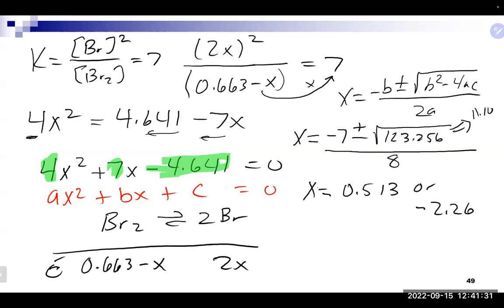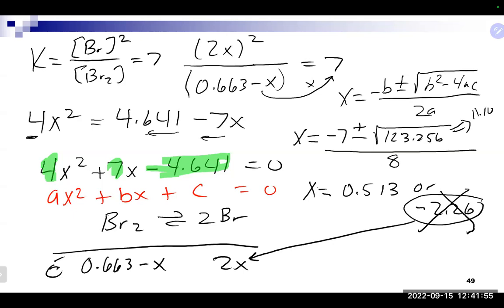Which one would be not a great one to be used? What happens when I take this one and I put it into here? I get a negative 4 and some change. Can you have a negative concentration? You cannot, which means this one would probably be not the best choice there, right? So you cannot have a negative concentration.